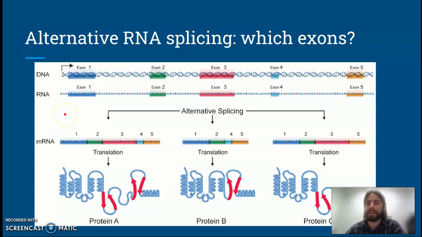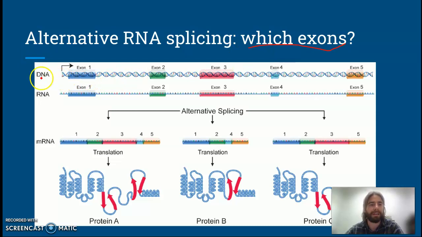Alternative RNA splicing is something that we may be familiar with. Essentially, it allows our spliceosomes to control which exons in a strand of premature RNA end up in the final product.